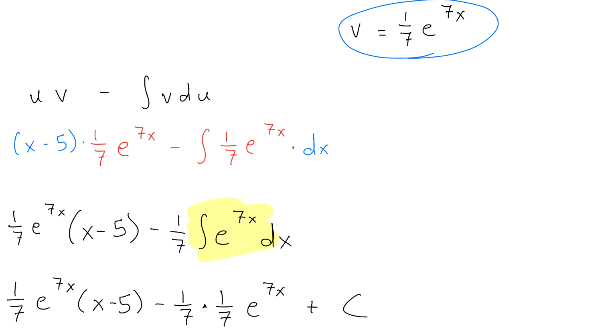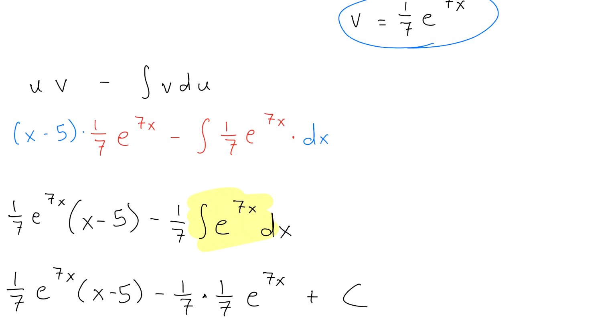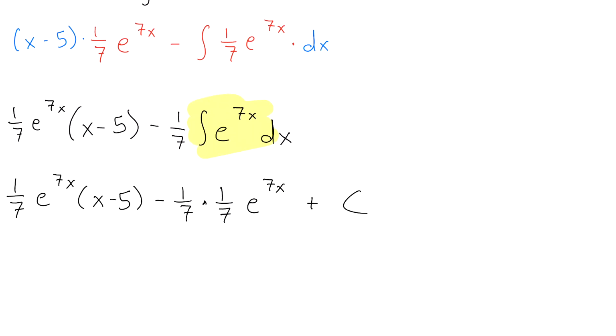After this is just a matter of simplifying this, cleaning it up however you'd like to do that. Let's go ahead and multiply this out. So this is 1 over 7 times e to the 7x power times x minus 5 minus, that's 1 over 49 times e to the 7x power plus c.